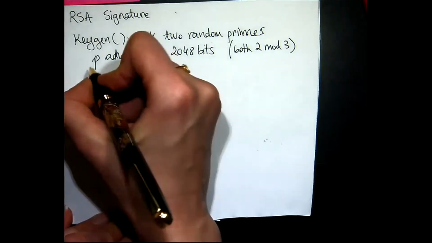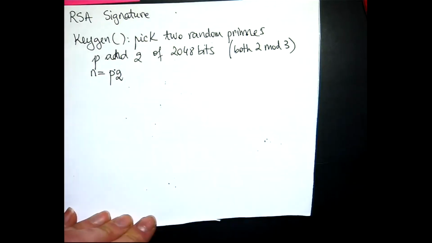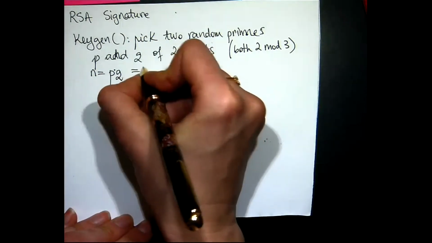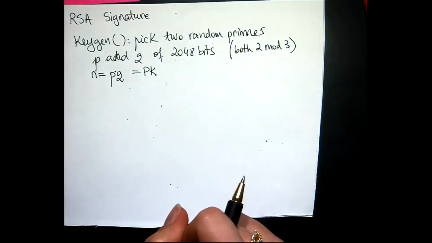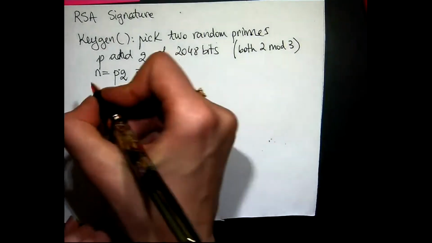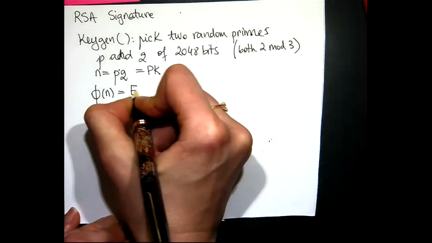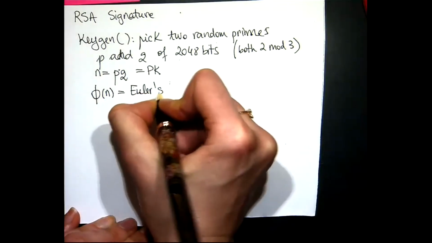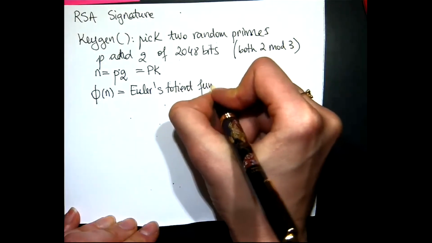Okay, then we're going to have N equal to P times Q. So this is going to be the public key. The public key is going to be this N. Now, let's see how to derive the secret key. There's a function called phi of N, or Euler's totient function.